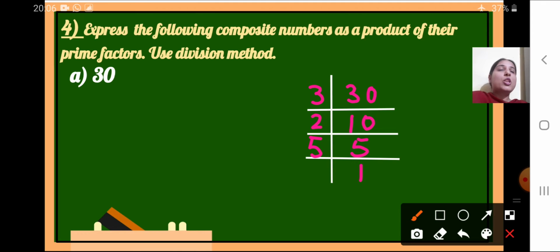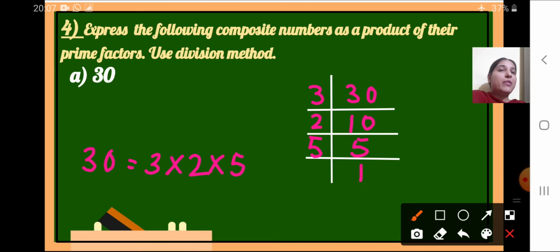Okay. For small numbers we can find the prime factors by factor tree method, but suppose if the number is large, then you should use division method. So here we have taken the number 30. So here we will write it as the product of its prime factors as 30 is equal to 3 multiplied by 2 multiplied by 5.